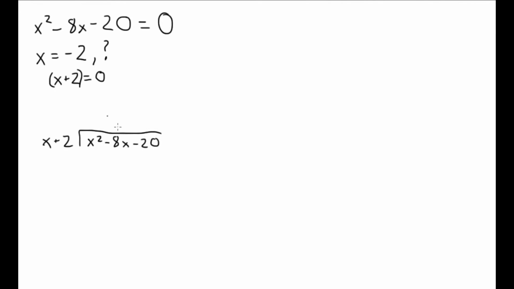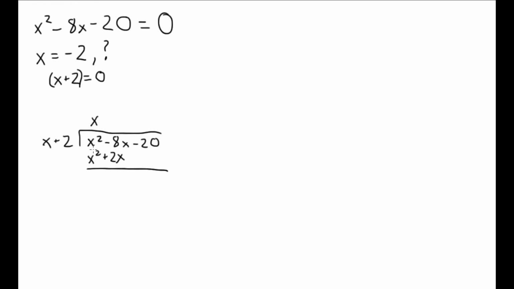So we're finding what term times x plus 2 will get us back to the original equation. So let's perform the polynomial long division. X goes into x squared x times. x times x plus 2 is x squared plus 2x.